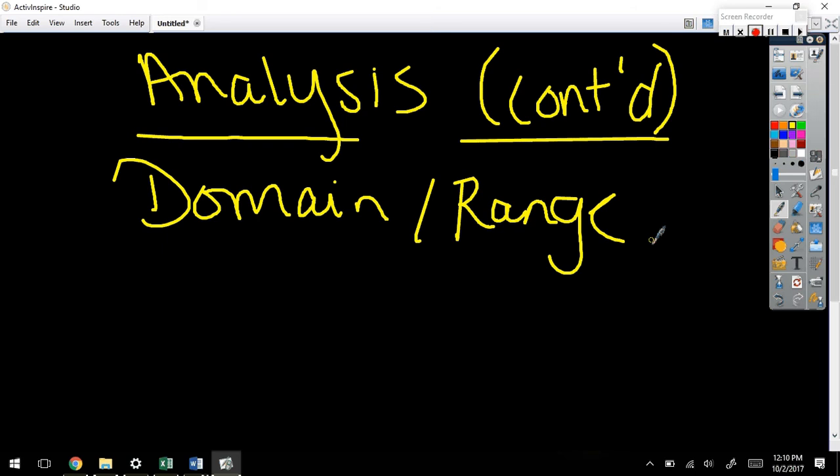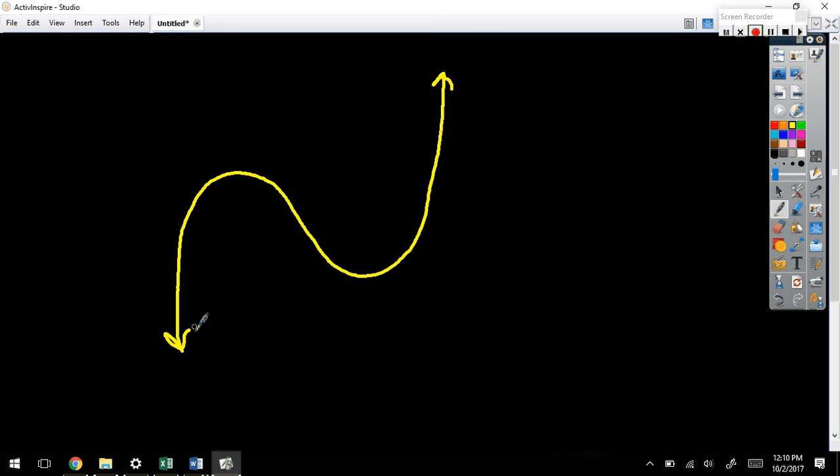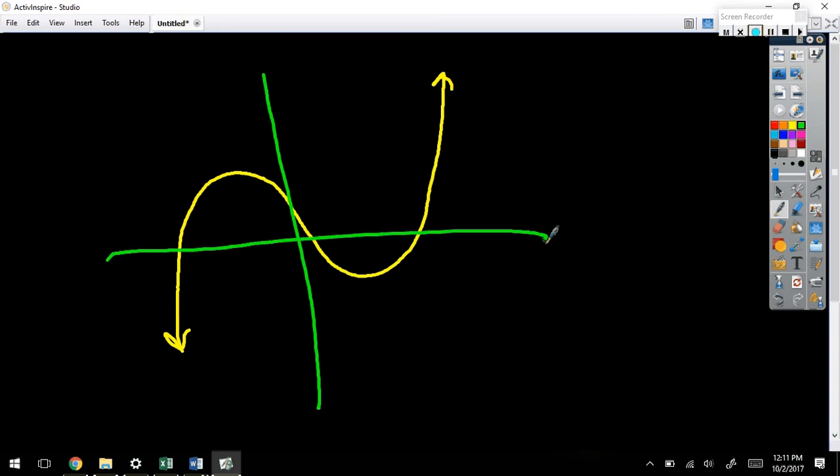So let me just show you quickly. Let's say I graphed this. By the way, what type of function is that? Looking at the picture, a cubic, absolutely. Every degree is adding another hump. What would the domain of that yellow function be?